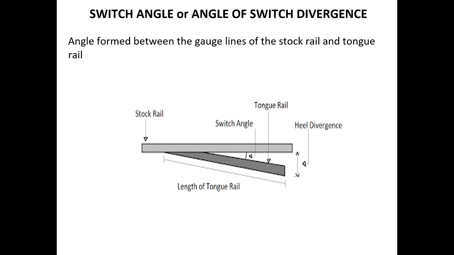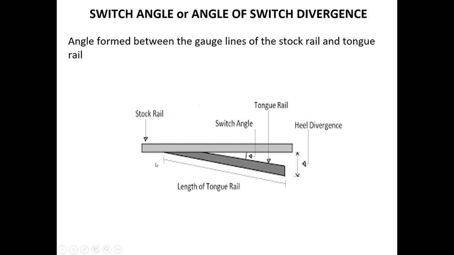So see, in this diagram we can see this is the stock rail, this is the tongue rail. This is the gauge line of the stock rail, this is the gauge line of the tongue rail. The angle between these gauge lines of stock rail and the tongue rail is called as switch angle.